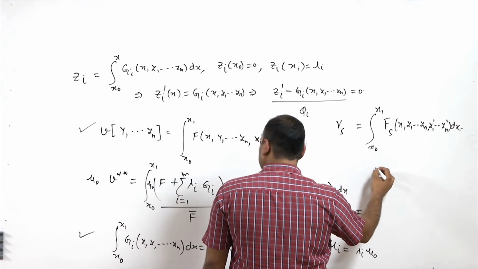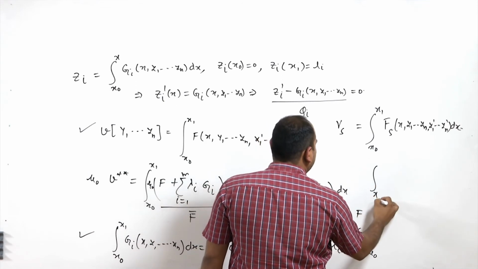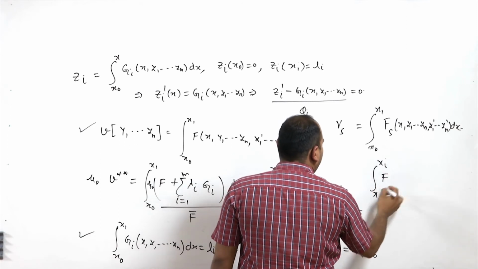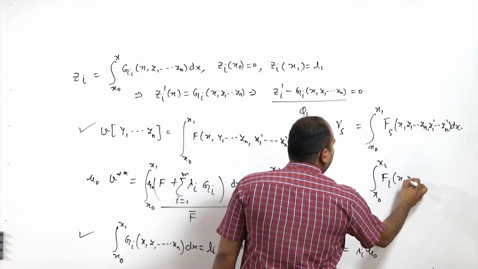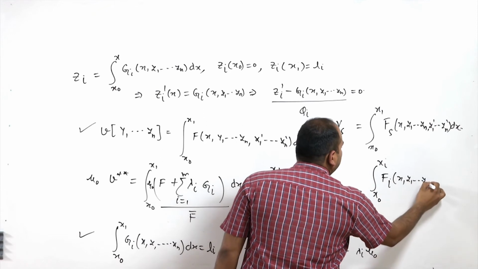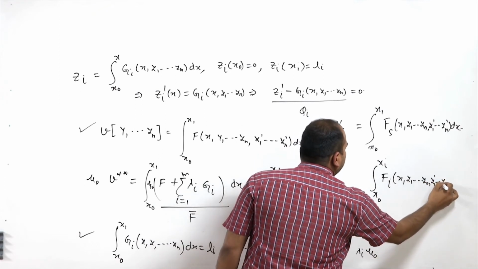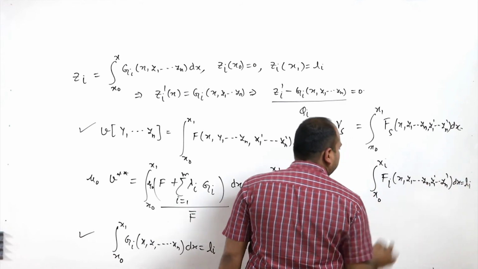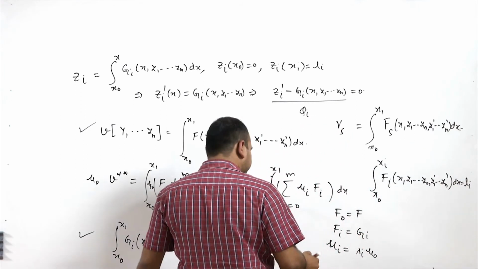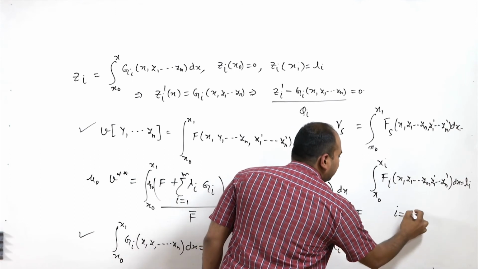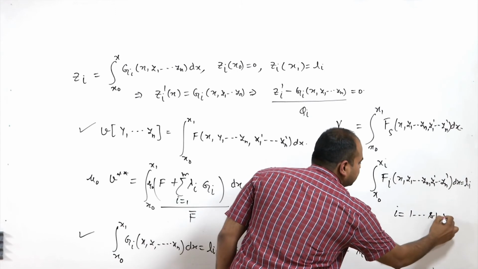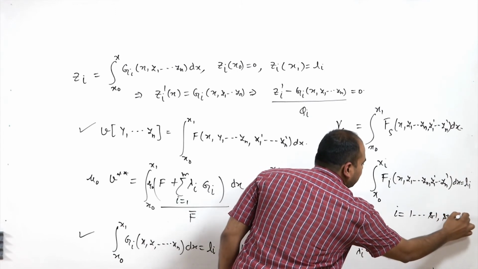So now the conditions are reduced to the integral from x naught to x1 of f_i(x, y1 to yn, y1 dash to yn dash) dx equal to l_i, where i is running from 1 to s minus 1 and s plus 1 to m, leaving s out.